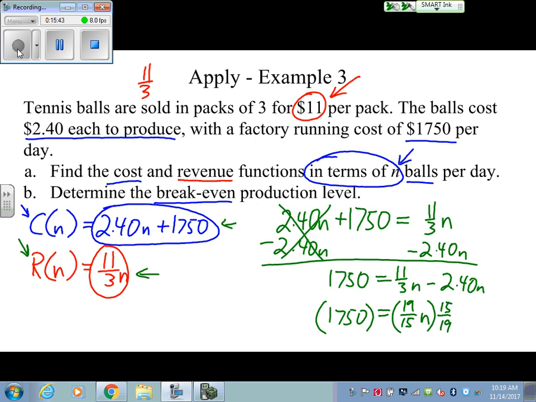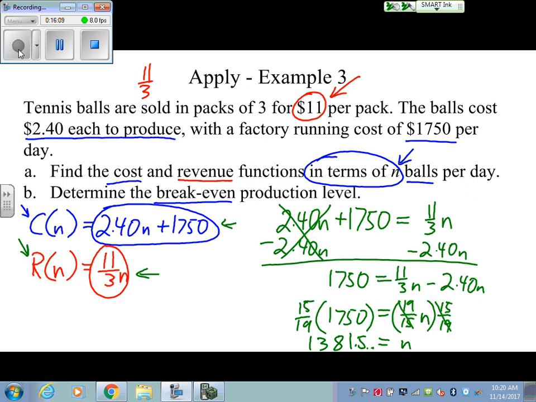And so the 19 over 15 and the 15 over 19 will cancel out, but I have to do that to the other side as well. And we end up with an N value of approximately 1,381.57, and on and on. So I'm just going to put dot, dot, dot.